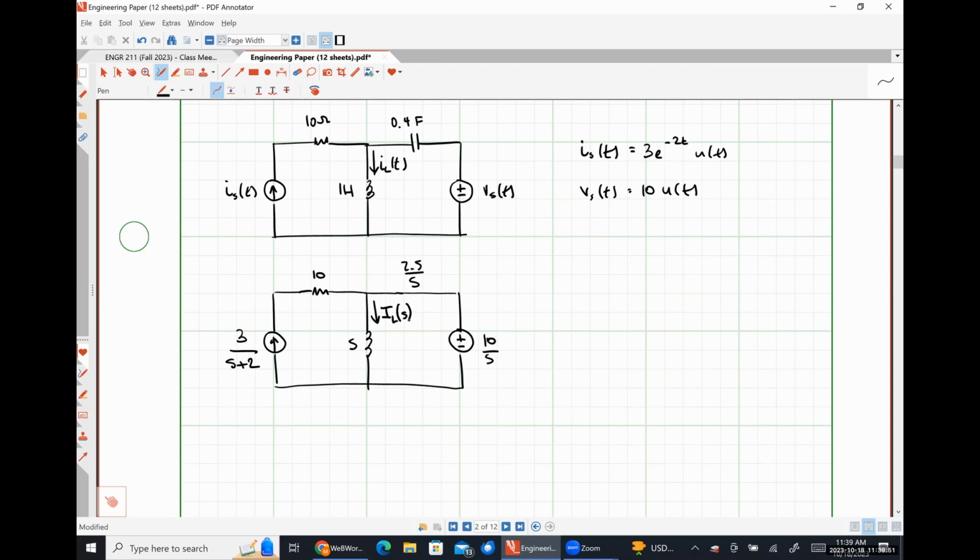Okay. So doing nodal, but not with MathCAD, which is why I made the circuit look like this, because it's the only thing I could really think of that would facilitate that.